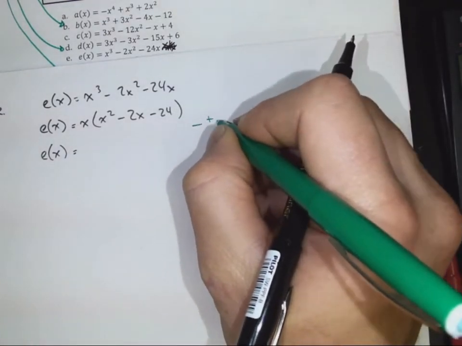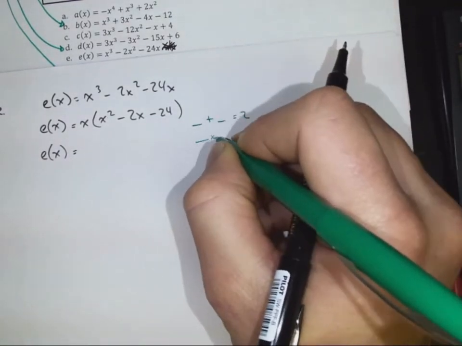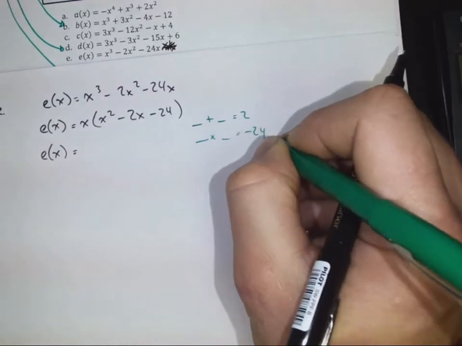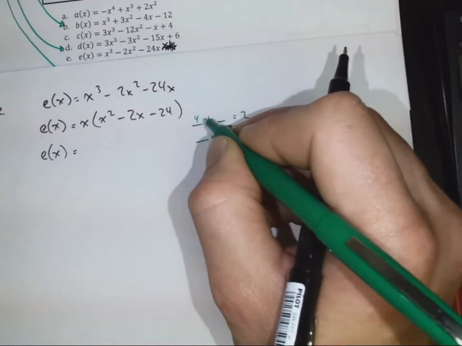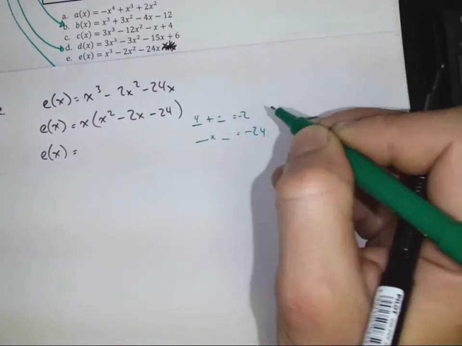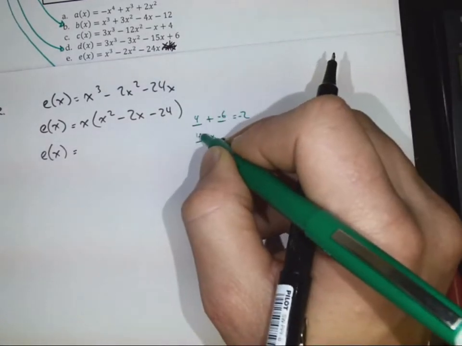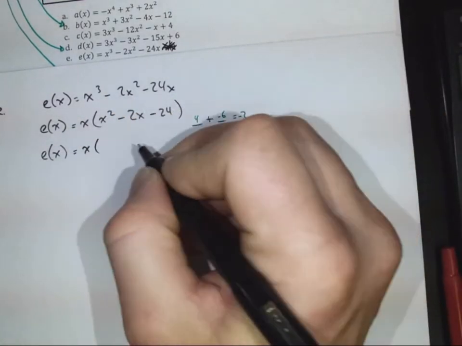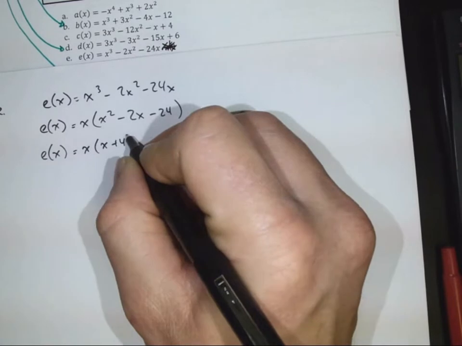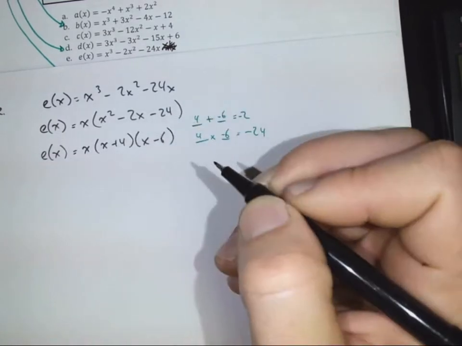I can find two numbers that add to negative 2 and multiply to negative 24. And I believe they are 4 and negative 6. So that all becomes x plus 4 and x minus 6.